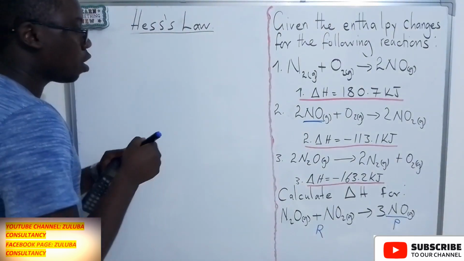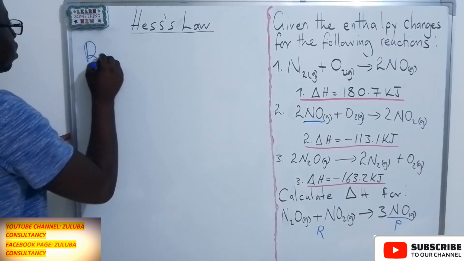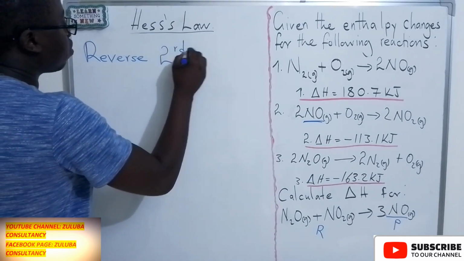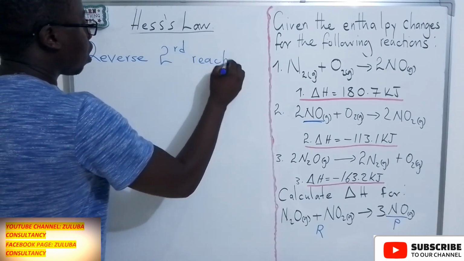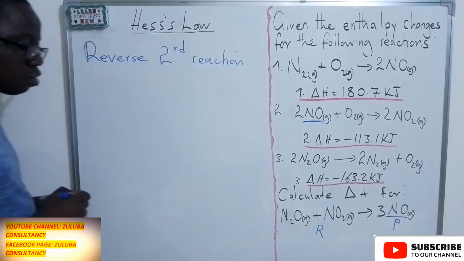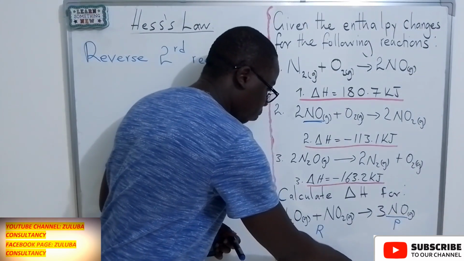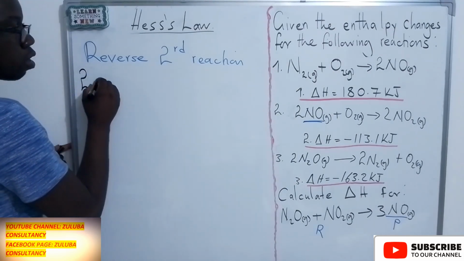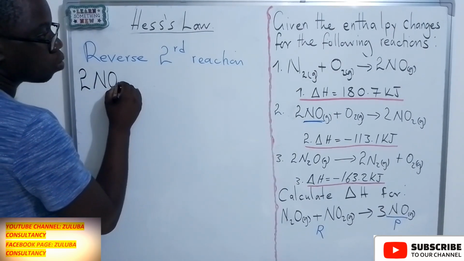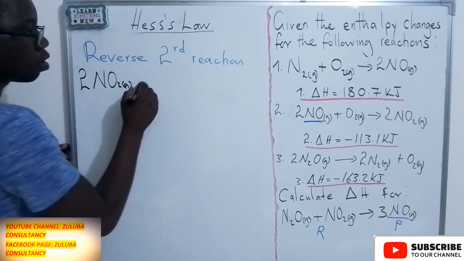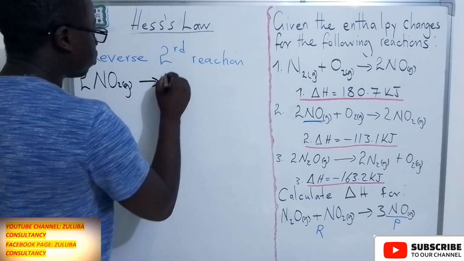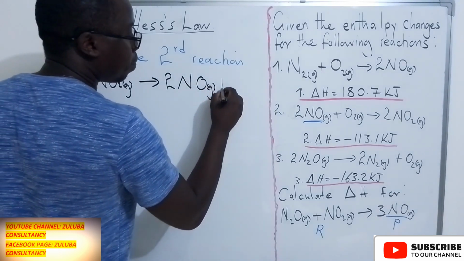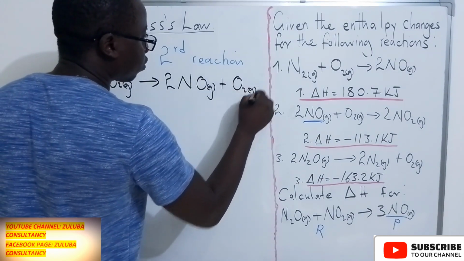So let's reverse the second one. We are saying we reverse the second reaction. Now, when we reverse the second reaction, what are we going to see? You'll see that we'll have 2NO2 gas, which produces 2NO gas plus oxygen gas.